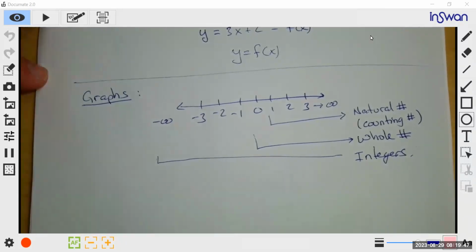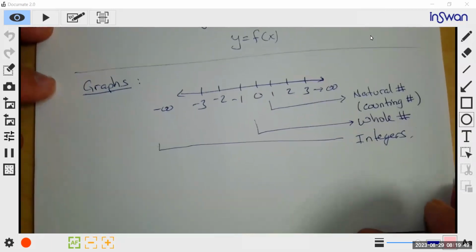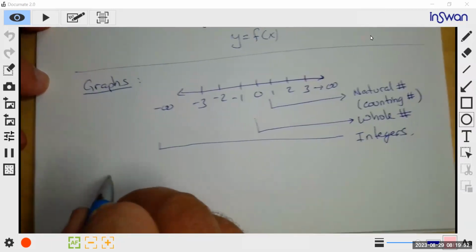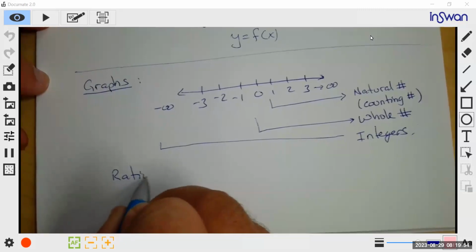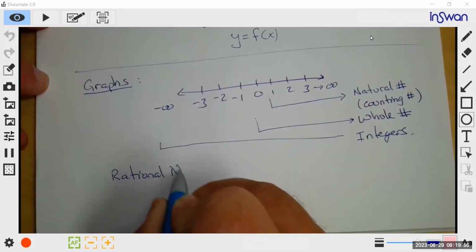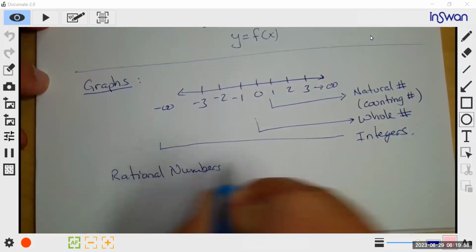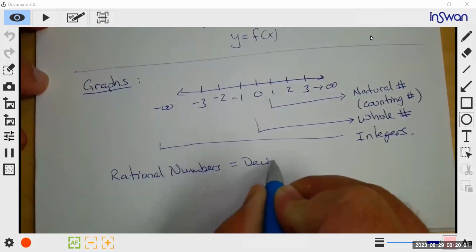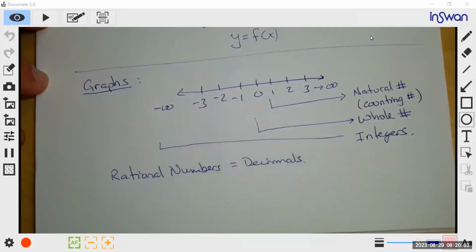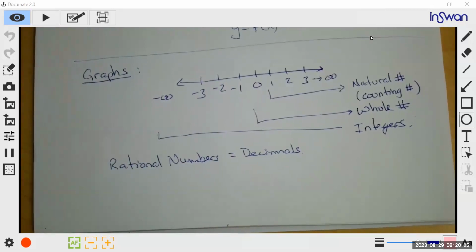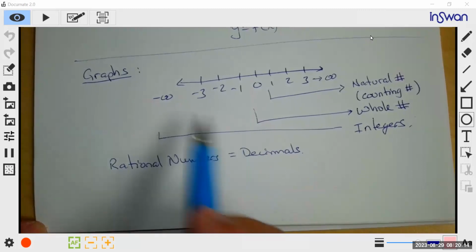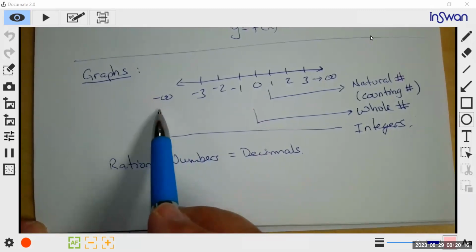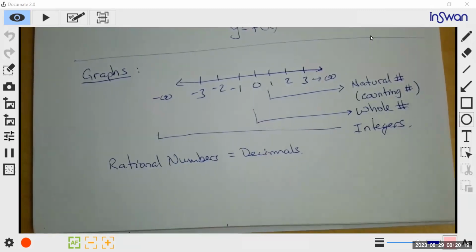They're called decimals. In mathematics, we call them rational numbers. And yes, those are the decimals. So now the rational numbers are everything from negative infinity to positive infinity and in between.